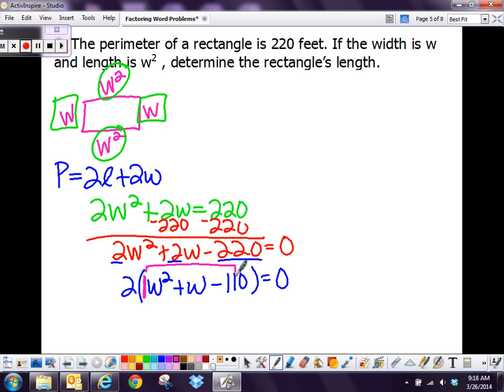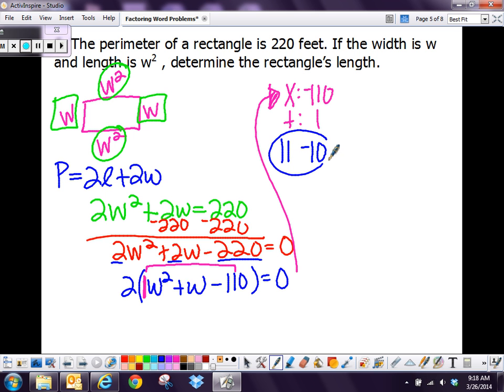So I'm going to multiply my a and c, okay, which means I need 2 factors that multiply to be a negative 110, and they have to add to be 1. Okay, so these 2 factors are going to be an 11 and a negative 10.